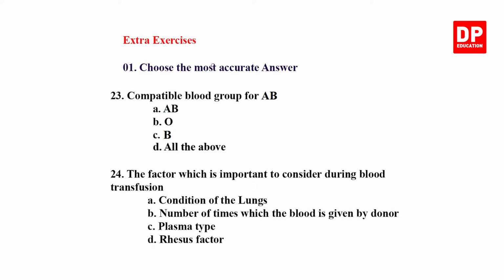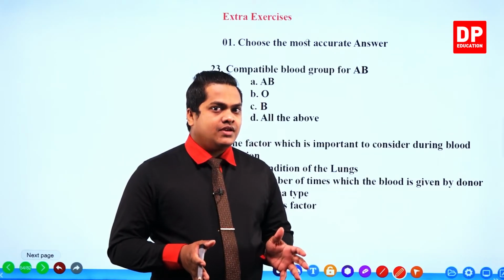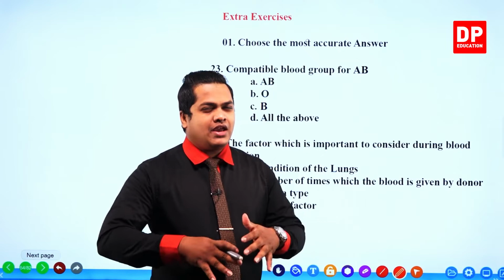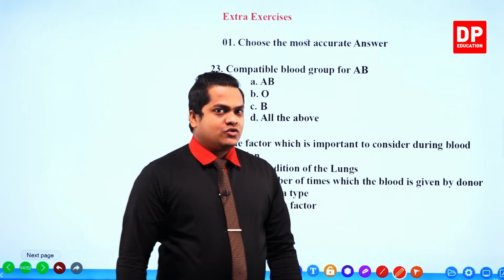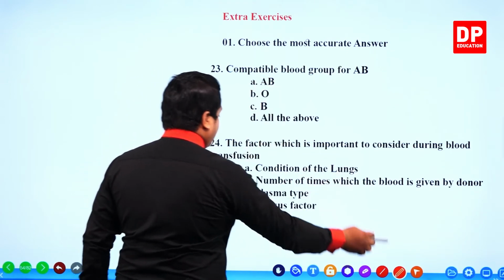Compatible blood group for AB. So you know that AB group is the universal recipient. Universal recipient means AB can take blood from any of the groups. So my dear children, AB can take blood from AB, right?